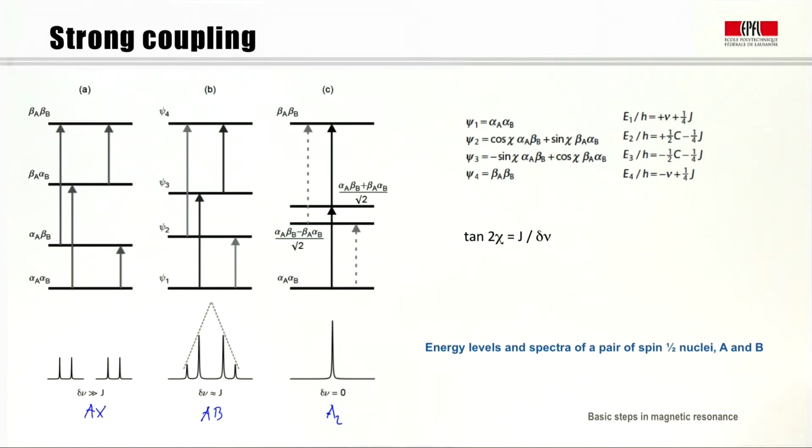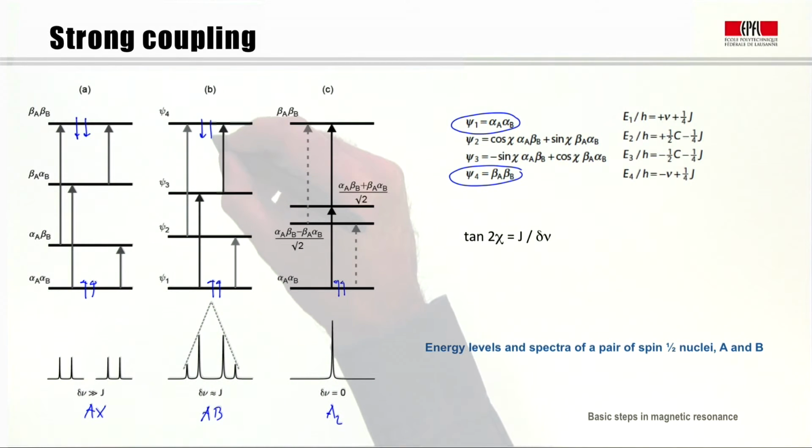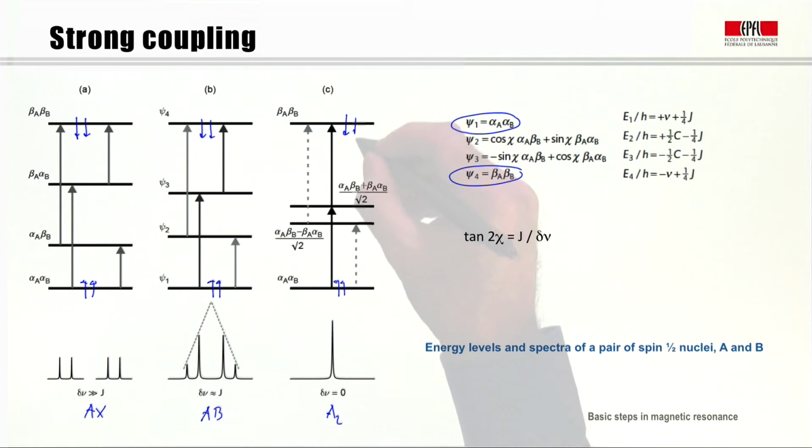It turns out that all three can be explained in one equation by saying that the bottom state, where the two spins are parallel with the magnetic field, is not affected by this phenomenon. So they are always the same. It's always a simple state with alpha alpha. Likewise, the upper state, where the two spins are anti-parallel, is unaffected. It doesn't matter whether the system is strongly or weakly coupled.